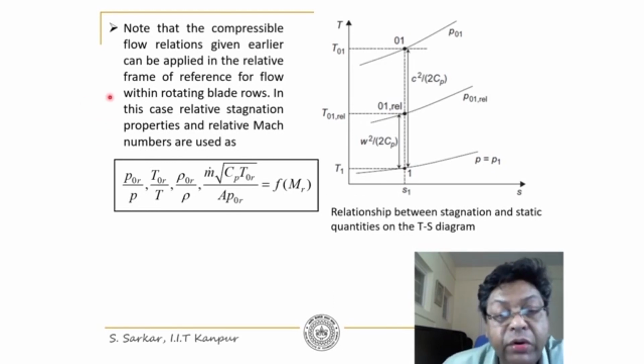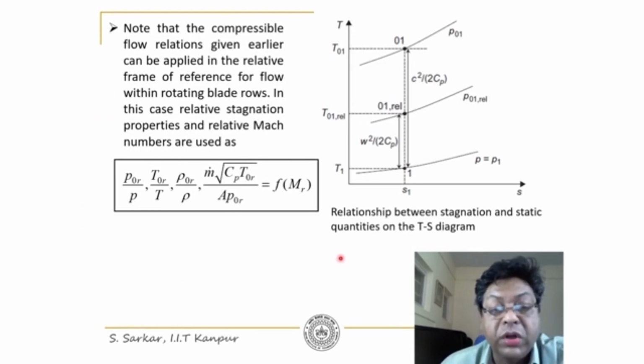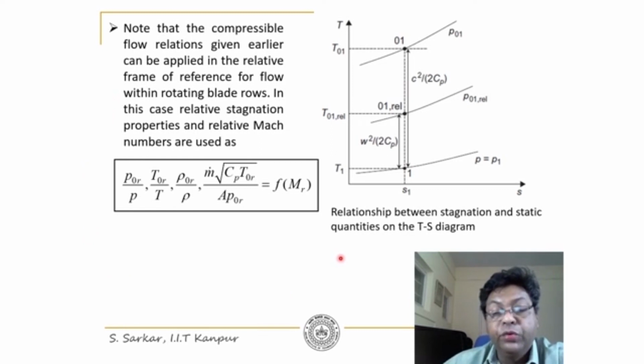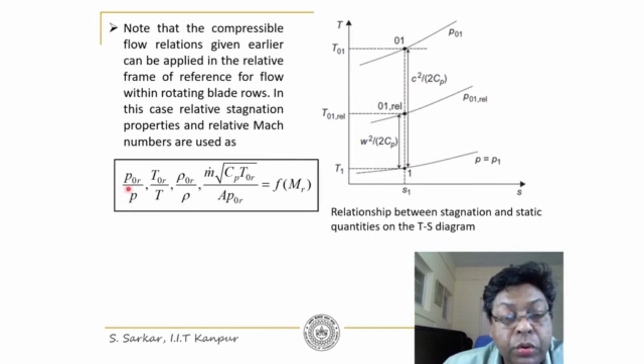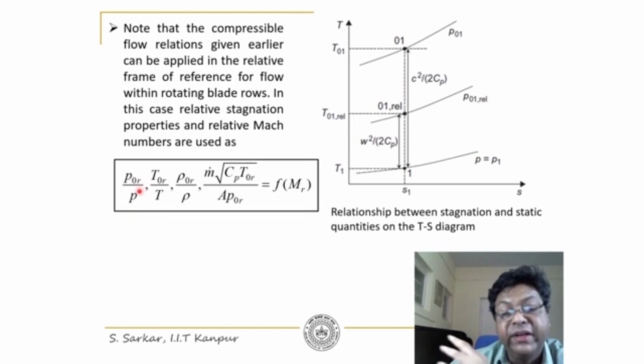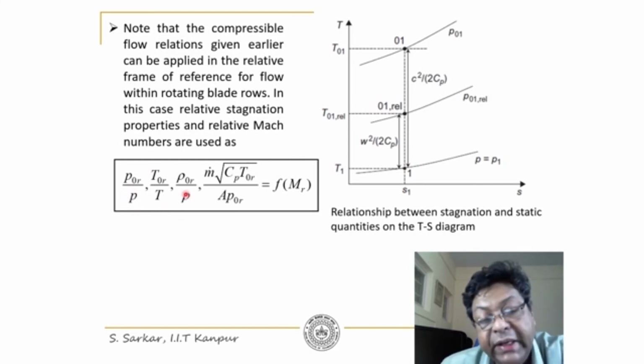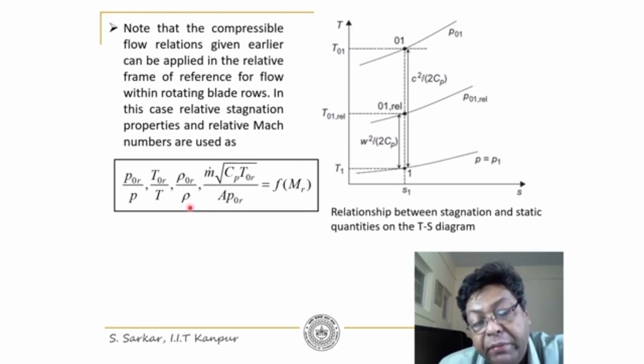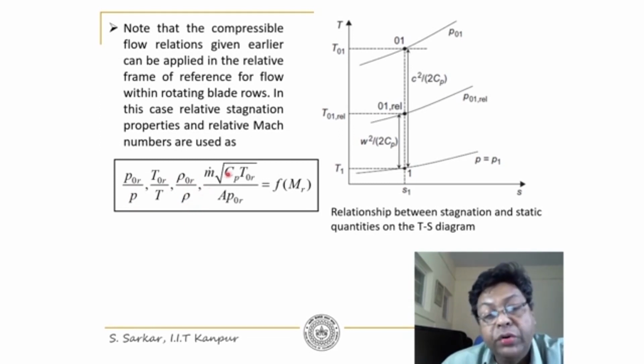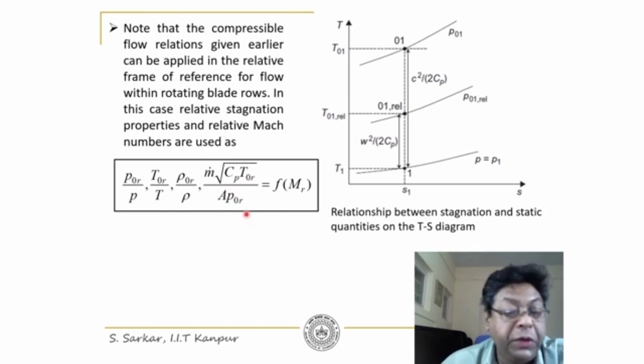Now note that when you express the total quantity with respect to the relative frame of reference, then P0R by P is the total pressure in the relative frame of reference, T0R divided by T, rho 0R divided by rho, and m dot root over Cp into T0R by A into P0R.